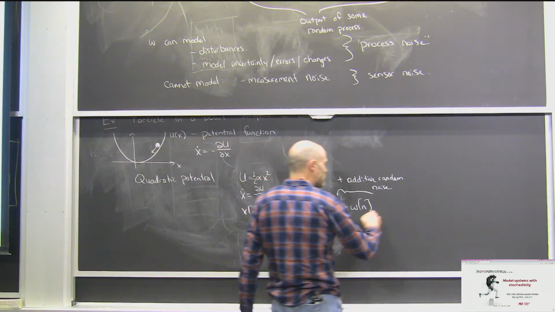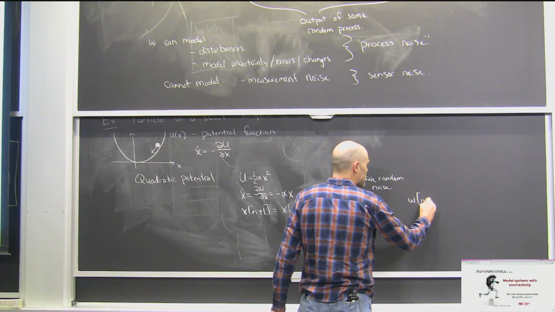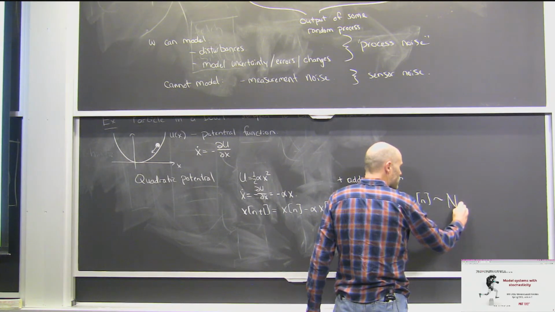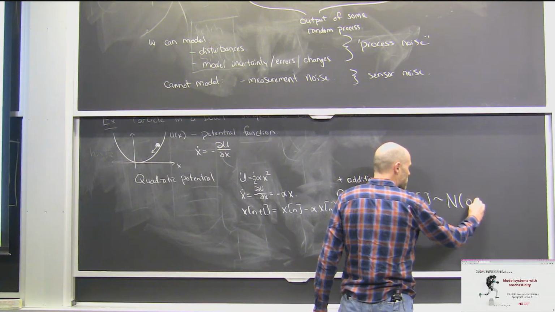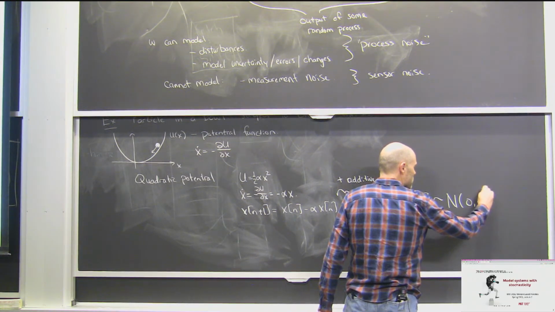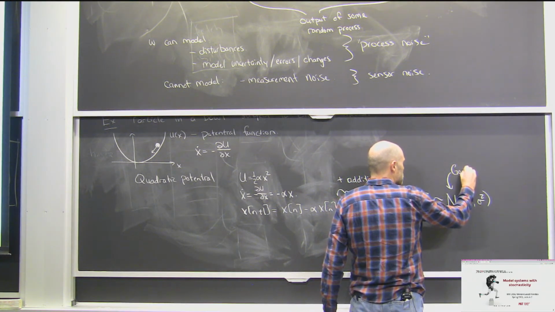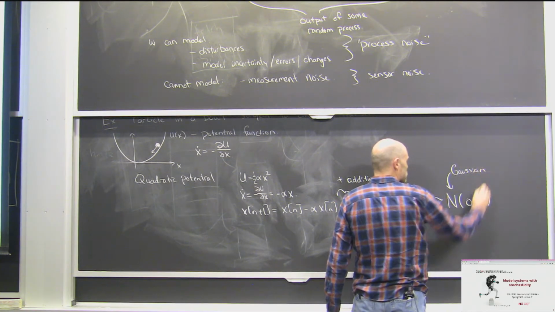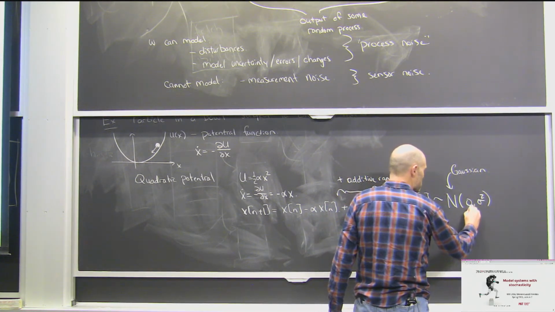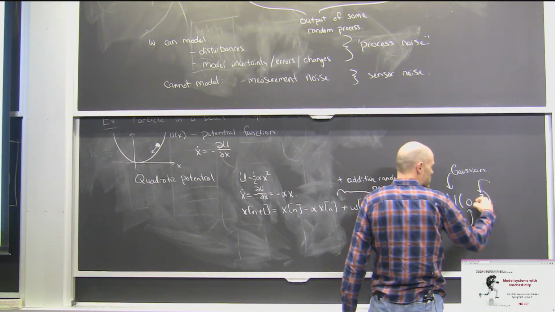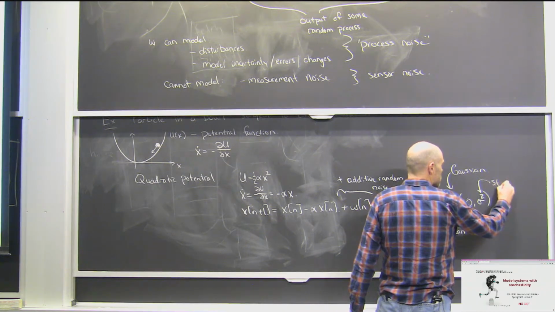And we can think about, for instance, saying that W_n is just pulled from a Gaussian distribution with mean 0. So this would be a normal or Gaussian distribution. This is the mean. This is sigma, the standard deviation.